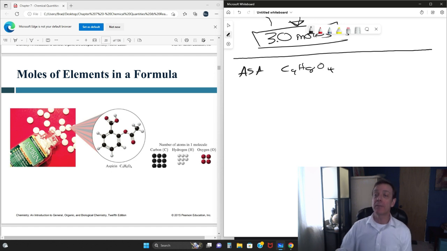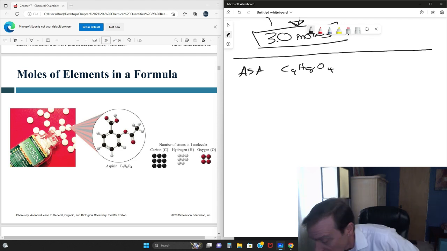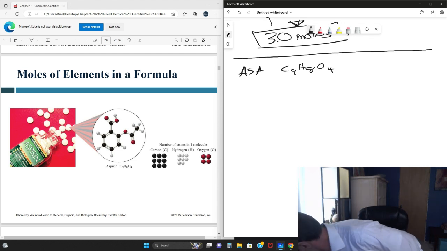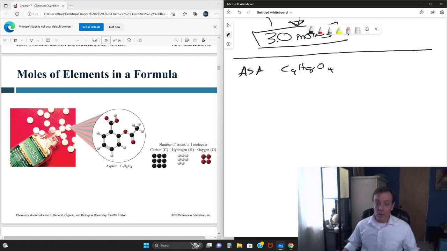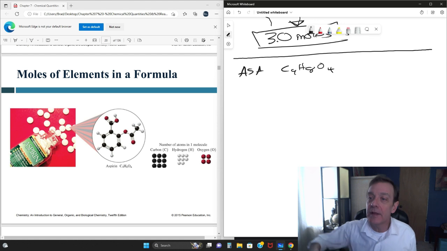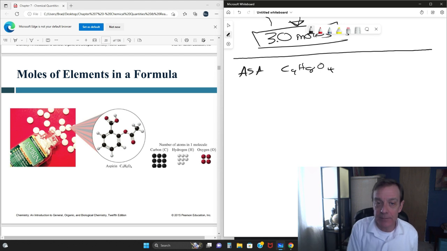It doesn't tell you anything about its structure. It just tells you what the atoms are in that formula for that molecule. So there are 9 moles of carbon, 8 moles of hydrogen, and 4 moles of oxygen in 1 mole of aspirin.